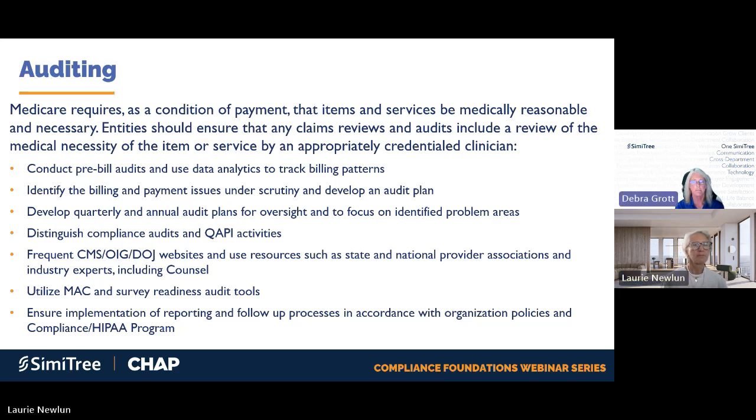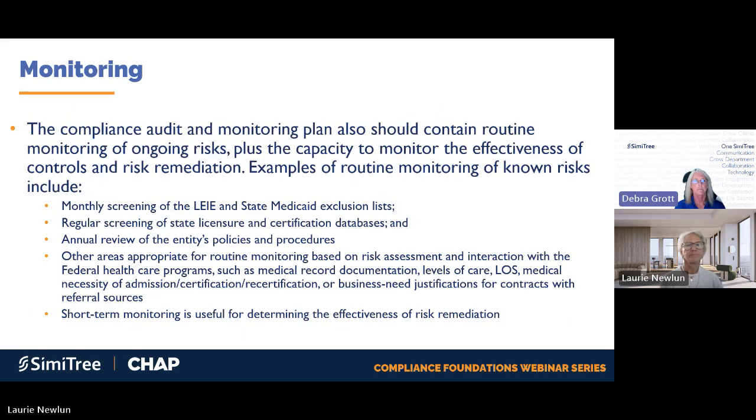Yeah, absolutely. So on the monitoring aspect, compliance audit and monitoring plans also should contain routine monitoring of ongoing risks, plus the capacity to monitor the effectiveness of controls and risk mitigations. Some of these examples include a lot of HR monitoring.